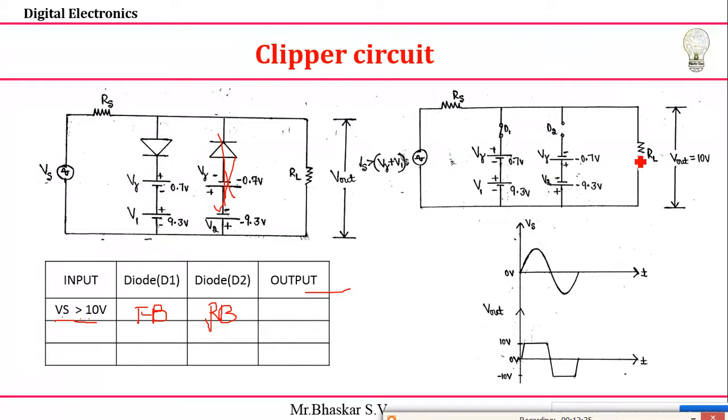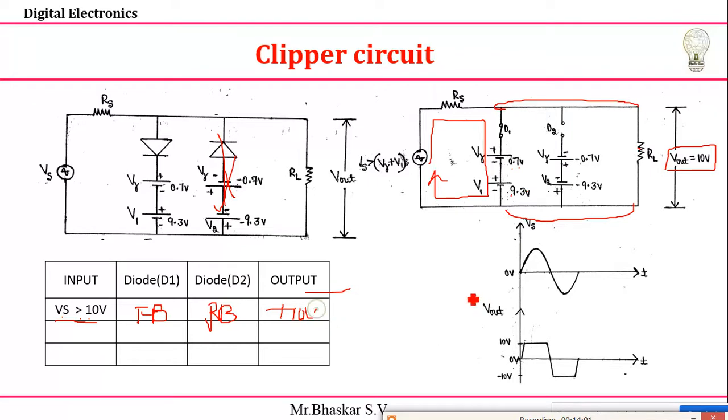Yes. See, this voltage is nothing but this one only, right? This voltage is this potential; both are the same thing. Current does not flow here; whatever source current comes passes to here only. The load resistance is very high, taken for explanation purposes. So easily you can see that my output voltage depends totally upon this potential, which is nothing but 9.3 plus 0.7, so I'll get plus 10 volts.